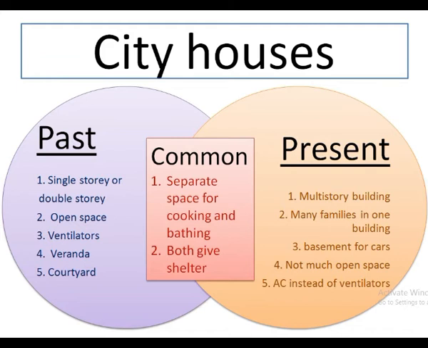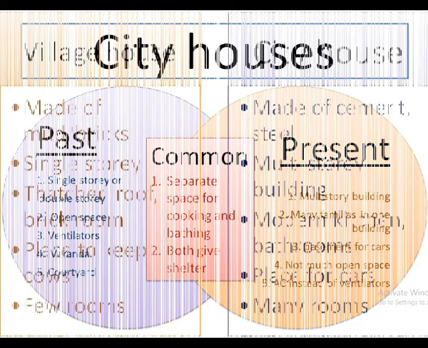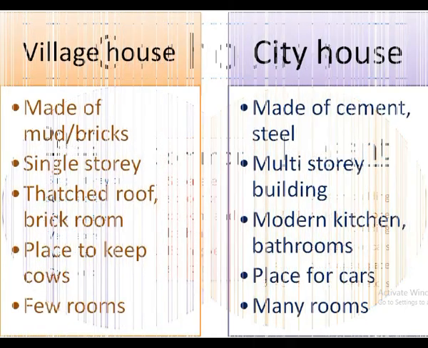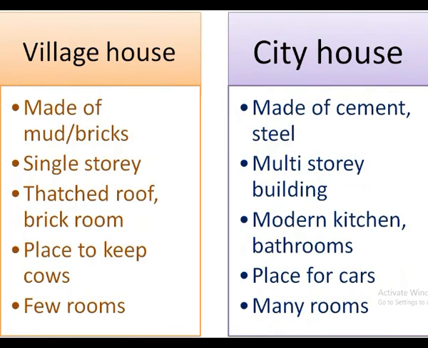Now, what comes in your mind when you think of a village house and a city house? Houses in the village are usually single story made of mud and bricks, unlike the multi-story houses in cities. Yes, village houses still have open space around them, unlike the city houses.